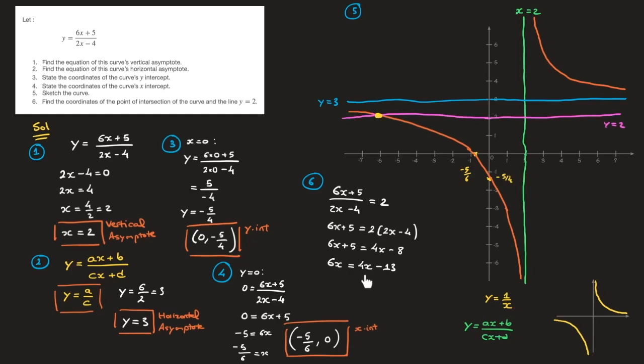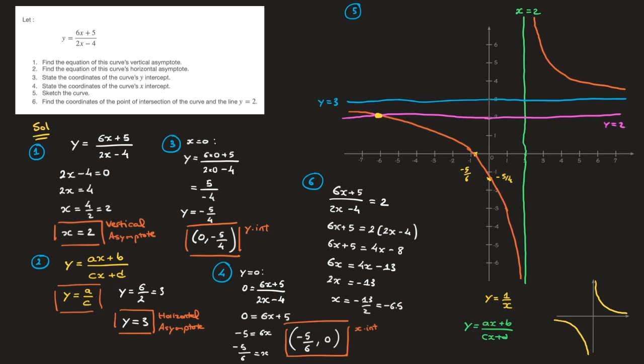I now subtract 4x from both sides, and so the left-hand side becomes 6x minus 4x, which is 2x, and that's equal to negative 13. Finally, dividing both sides of this equation by 2, we find that x is equal to negative 13 over 2, which is negative 6.5. And so that's the x-coordinate of this point of intersection.